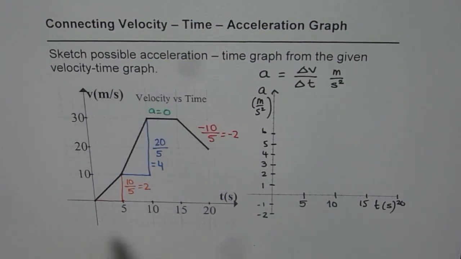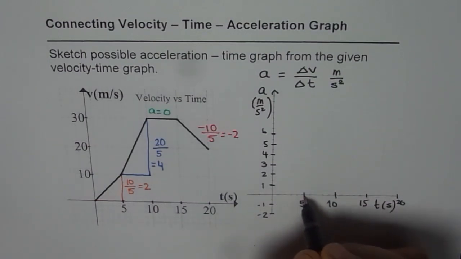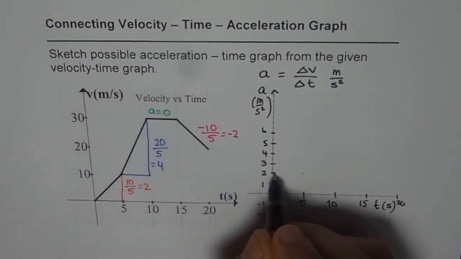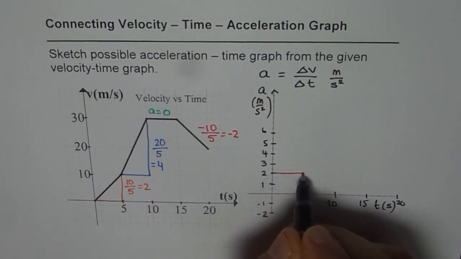In the first 5 seconds, there is a constant acceleration of 2 meters per second square. So from here to here, it is a constant 2. That is a horizontal line.